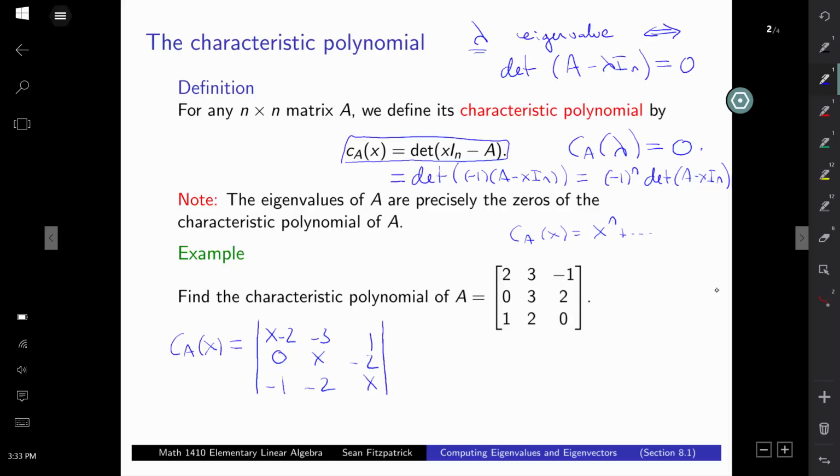And I'll give you the bad news now. There's really not much in the way of shortcuts when it comes to doing these determinants. Computing eigenvalues is a notoriously difficult problem. There are no computational shortcuts. There are a lot of very lucrative applications to finding eigenvalues. One example is Google's PageRank algorithm.